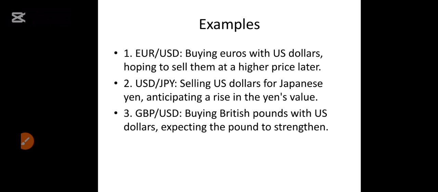And when it rises, you sell it back to USD and make your profit. But in the forex market, which is the electronic way of doing it, we are trading electronically using apps. Okay, so you do it on a day-to-day basis. There is economic news that affects those things daily.